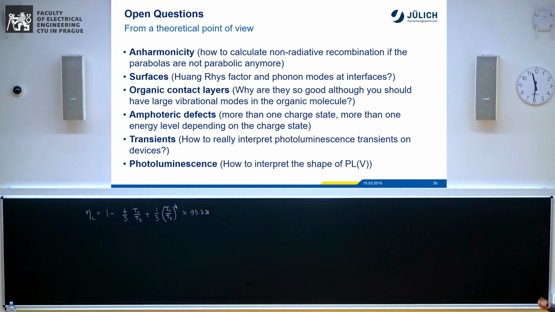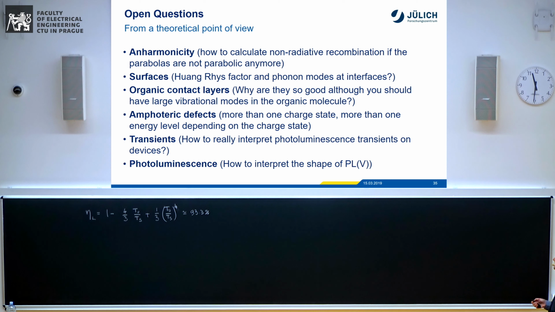So maybe the electron and hole that are recombining at the interface cannot easily release their energy by just making the polymer wiggle. Because essentially in organic semiconductors, it should be very easy to release energy, and therefore non-radiative recombination rates are typically high. But apparently that's not the case, and I don't understand why.